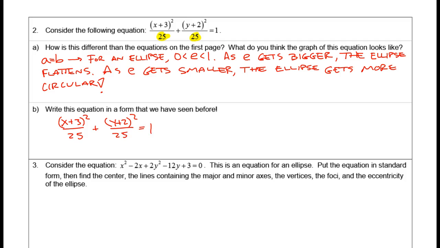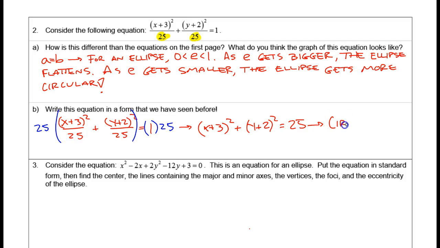If I multiply both sides of this equation by 25, I'm going to get (x plus 3) squared plus (y plus 2) squared equals 25.